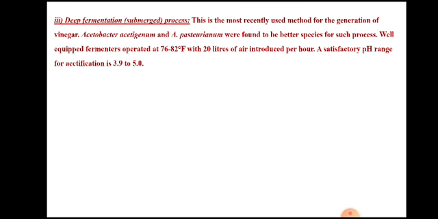The critical parameter in vinegar production is the provision of oxygen. So a specific type of fermenter is designed, or it is required for this fermentation. The bacteria required are Acetobacter acetigenum and Acetobacter pasteurianum. They are the better species for this process.